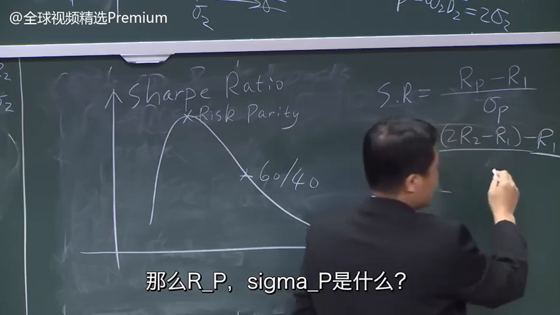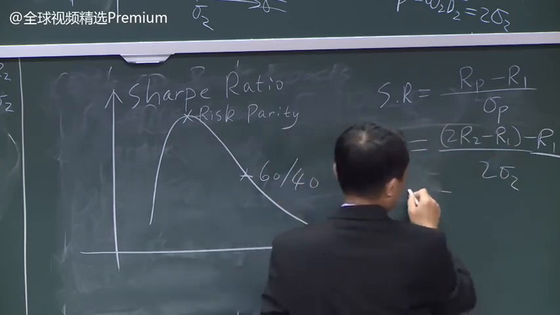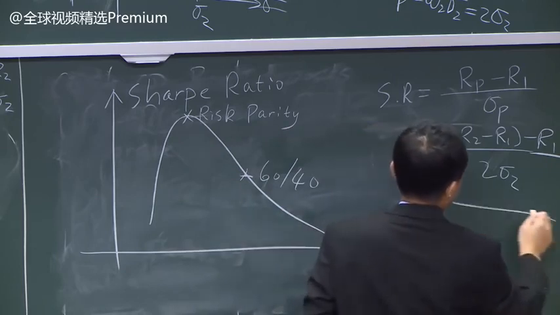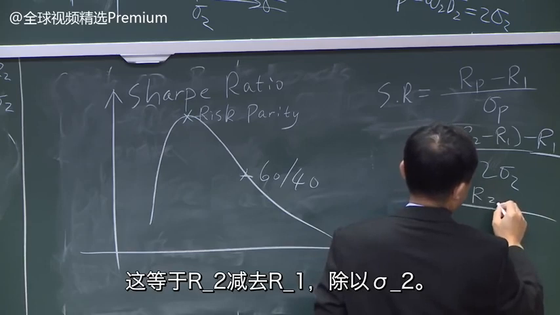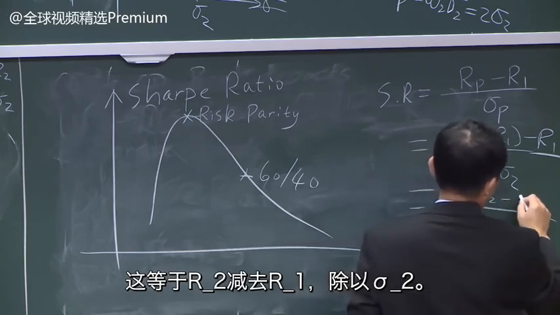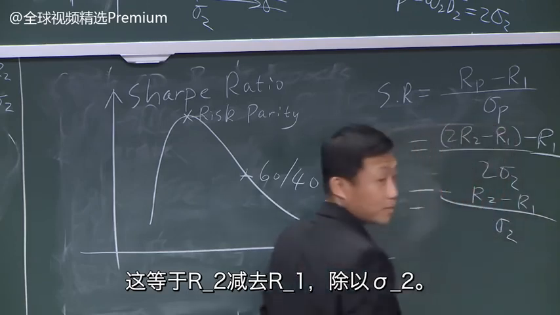What is sigma P? It's 2 sigma 2, right? When you leverage up. So this equals 2 R2 minus R1, divided by 2 sigma 2.